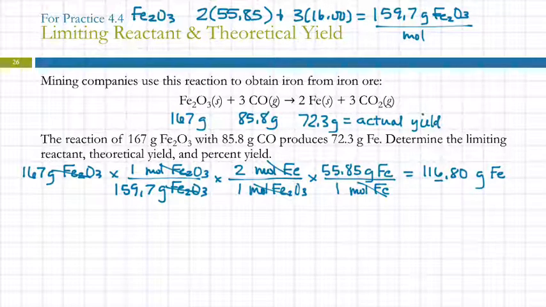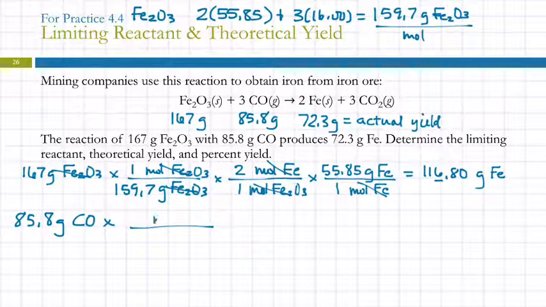So the other reactant is carbon monoxide, 85.8 grams of CO. So we go to moles of CO. And don't let that oxygen shrink, because then you start to think it's cobalt.